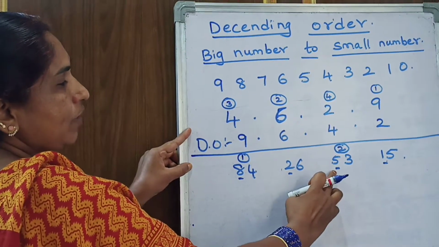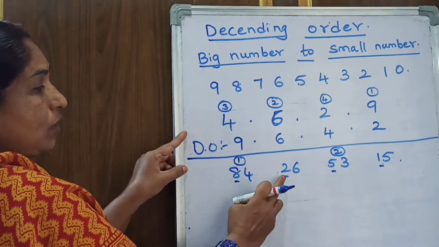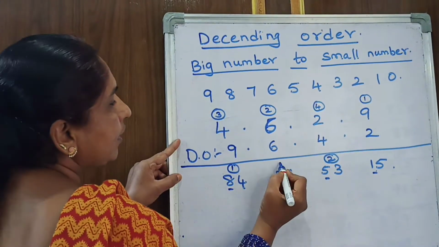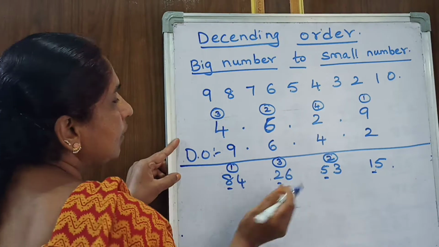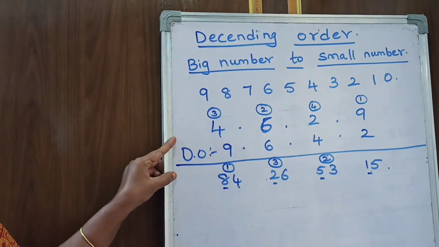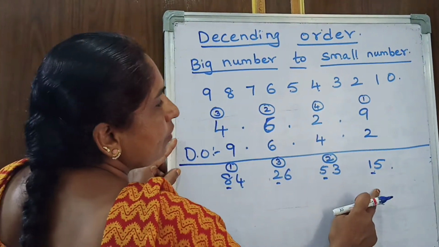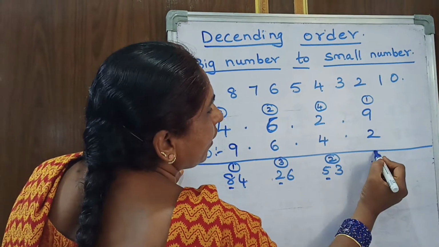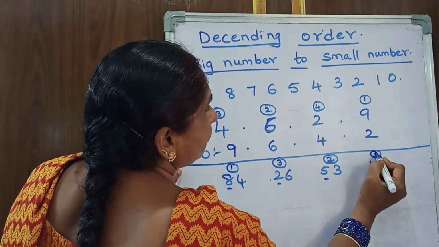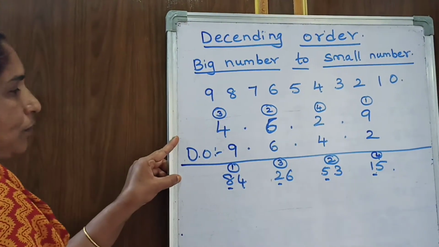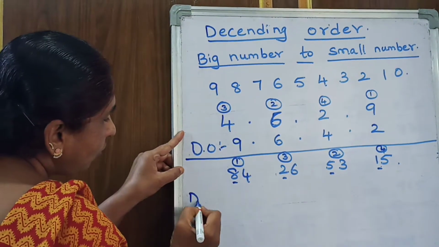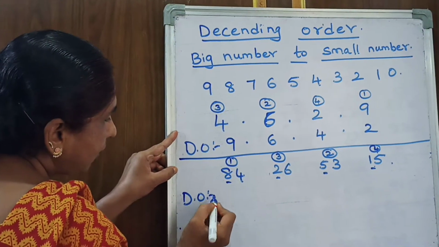See the first number, 5. After 5, next biggest number? 2. So write here 3. 2, 6, 26 is the third biggest number. And the last remaining is 15. 1. So write here 4. Sorry. 4.